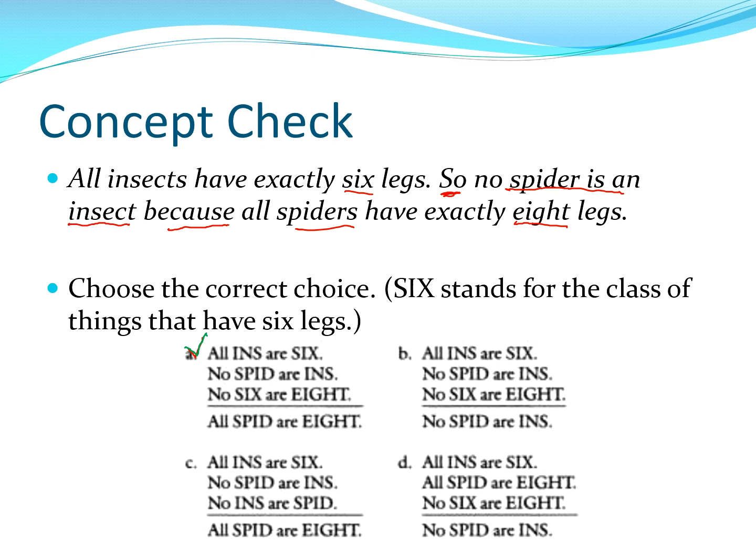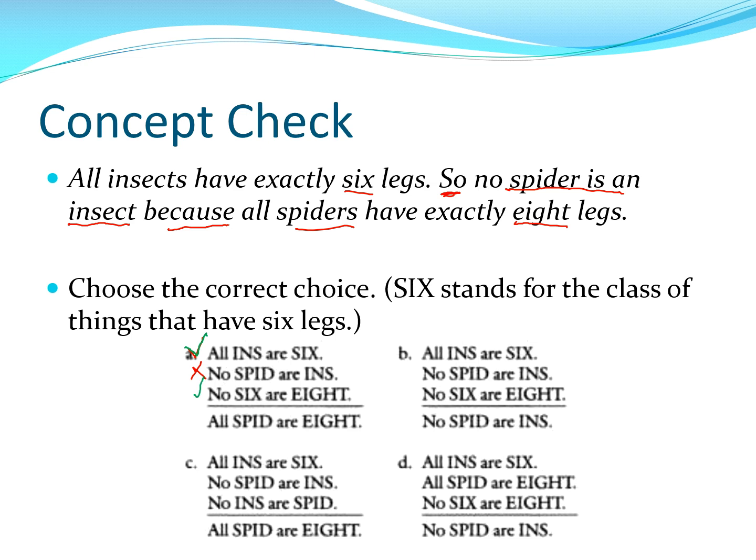Well, we're not sure about that. We know the conclusion says no spider is an insect, but we're not sure that's an actual fact. So we would have to put an X there. That would not be correct. And then it says no 6 are 8. Well, that's true. 6 does not equal 8, but that's not what we're trying to prove here.